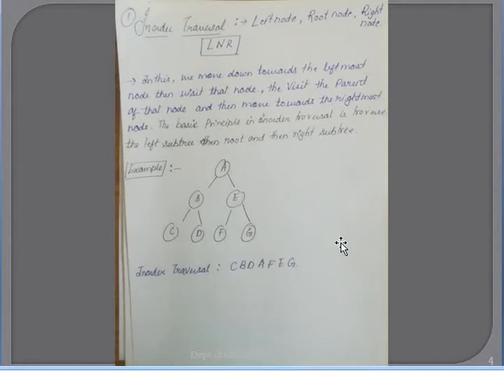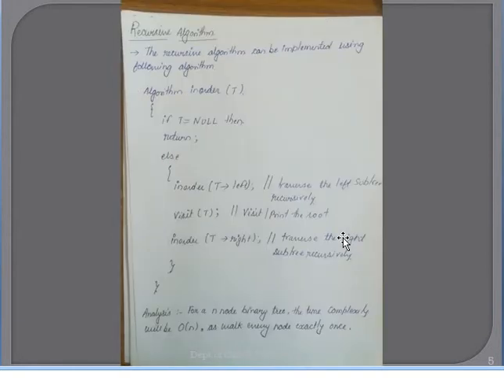This is the in-order traversal. This is the algorithm: we traverse the left subtree, then print the root node, and then traverse the right subtree. The time complexity is of the order of n, as we walk each and every node exactly once.